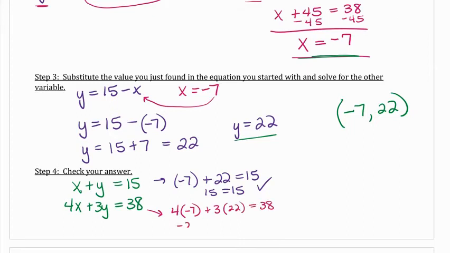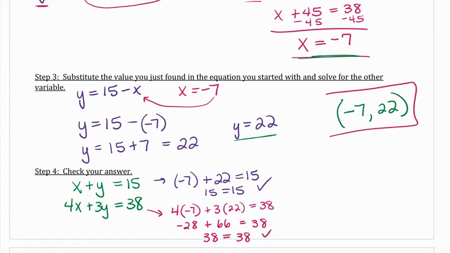That would be negative 28 plus 66, and that should equal 38. Excuse me. And then negative 28 plus 66 is 38. So 38 equals 38. We've got a winner. So that means our solution is negative 7, 22.